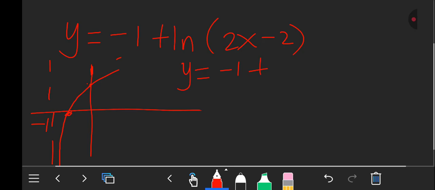So it will be negative 1 plus ln of negative 2. So that is where it crosses. But for this one, there is no such point, since you cannot take the log of a negative number.